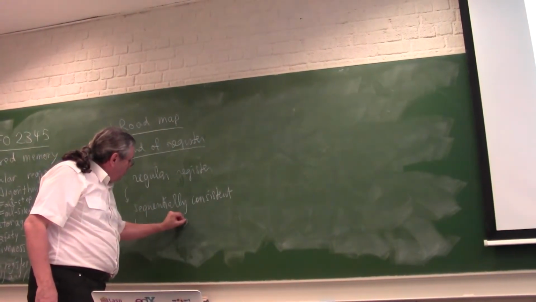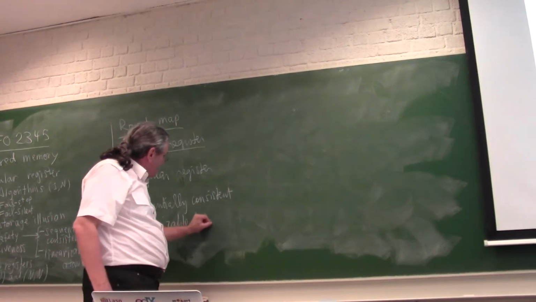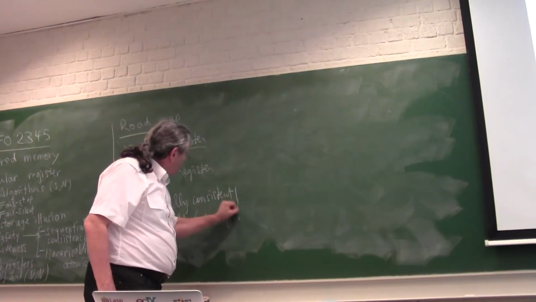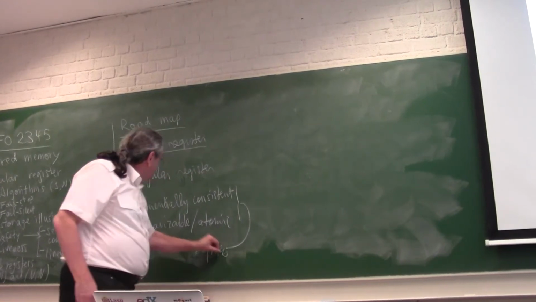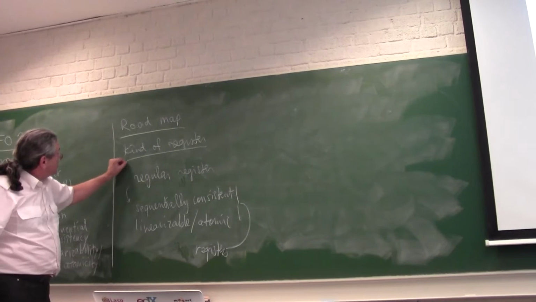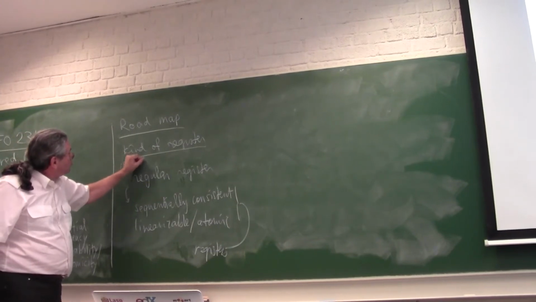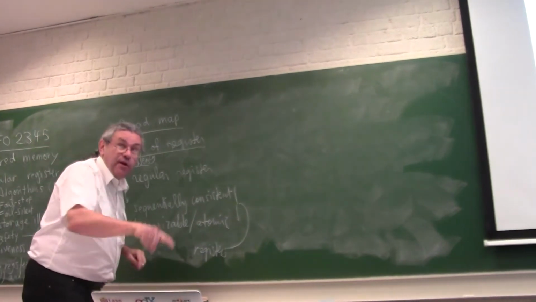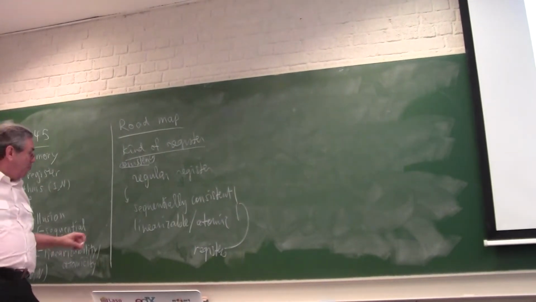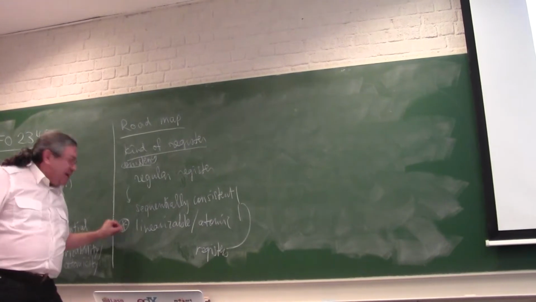The linearizable one is also called atomic. So those are also kinds of registers. So this is the level of consistency, okay? This is how strong it is, how close it comes to the regular memory on your laptop. So the linearizable is the one.